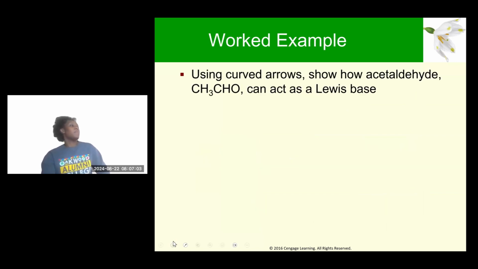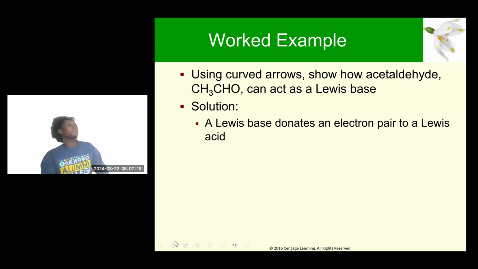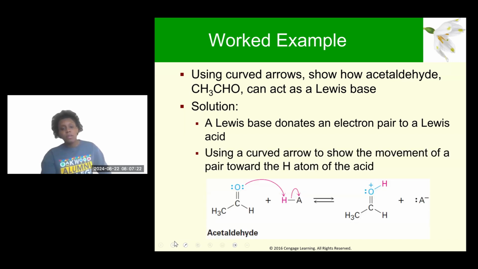All right, so let's do an example. We're going to use curved arrows, called a mechanism, to show how acetanilide can react with a Lewis base. A Lewis base donates an electron pair to a Lewis acid.